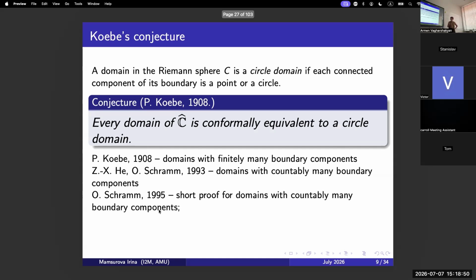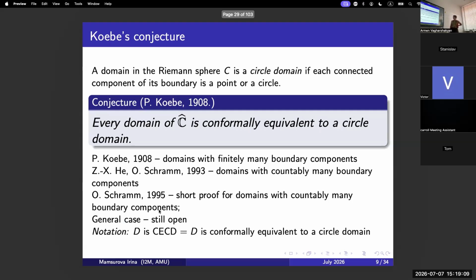Then, 2 years later, Schramm showed a simpler demonstration of this theorem, introducing transboundary extremal length. And in the general case, the conjecture is still open. So, okay, I will use the notation CD for conformally equivalent to a circle domain.